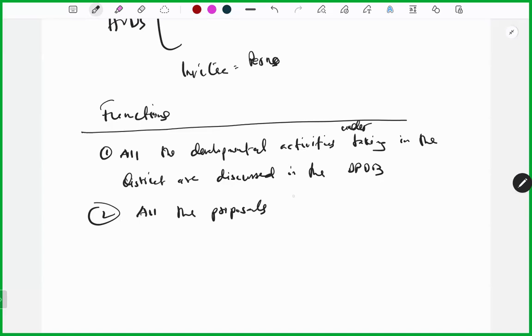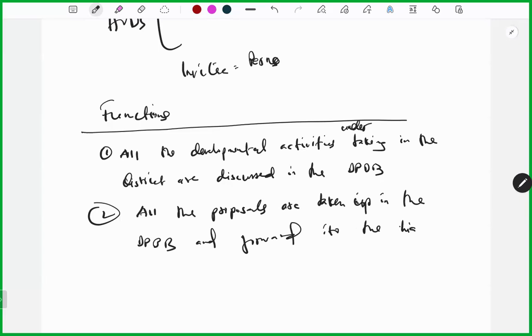Then all the proposals, whether development or anything, are taken up in the DPDB and forwarded to the higher authority.